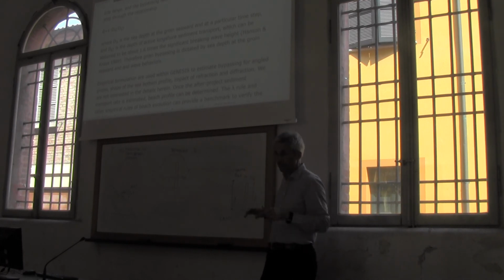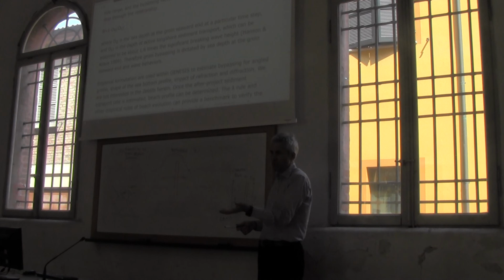So the DLT is related to environmental behavior, and DG is related to the groin structure. Yes, it's designed. DG is designed by you because you design the length of the groin, and therefore, by knowing the geometry of the beach, you derive DG.